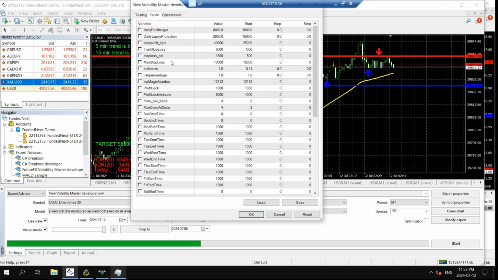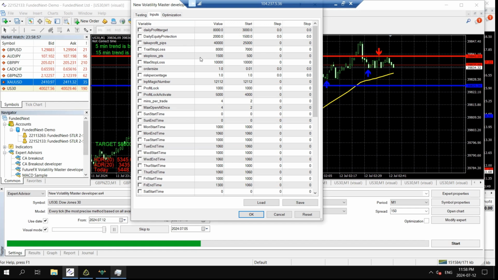Now let's look at each individual trade. The maximum stop loss, so the stop loss will often be set less than this, but the maximum distance it will go is 10,000 points. That sounds like a lot. That's because we're going to be looking at the US 30 indice.